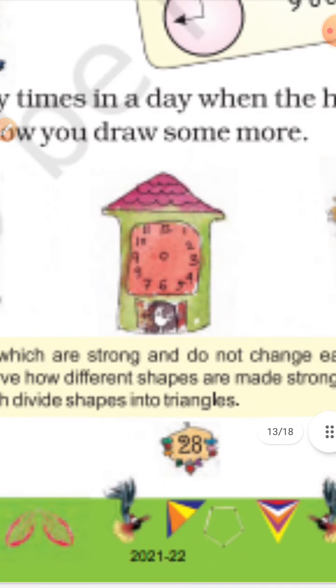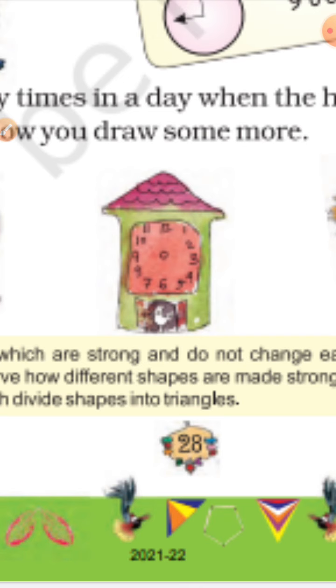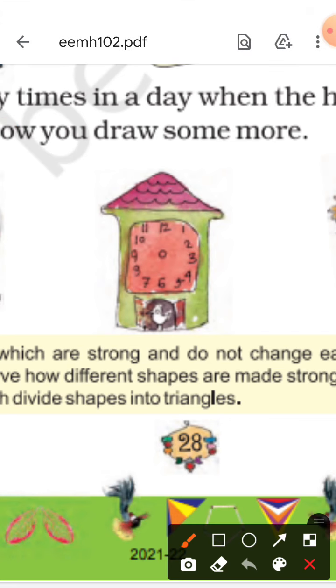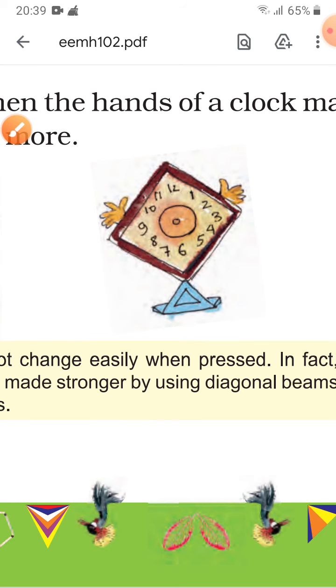If you see the next figure and want to make a right angle in this figure, here we can get another right angle like that way. Also, if you take the next one, here also we can make a right angle like that way. So we can see that there are many times in a day when the hands of a clock make a right angle.